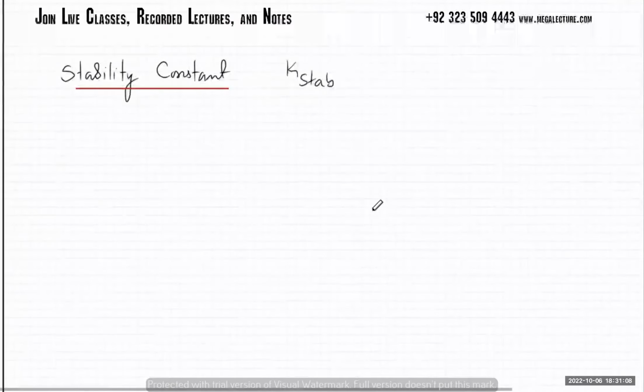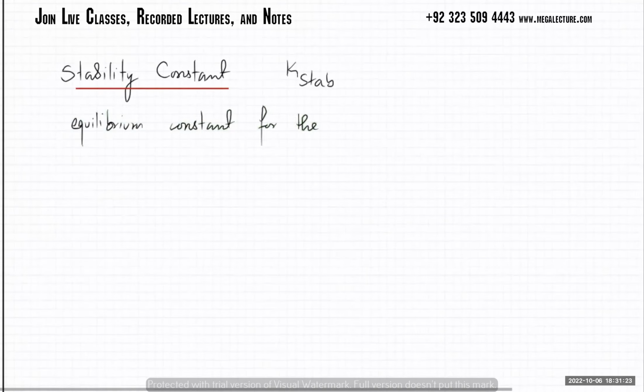Stability constant is the equilibrium constant for the formation of a complex ion in aqueous solution.